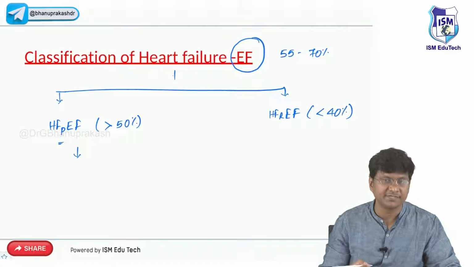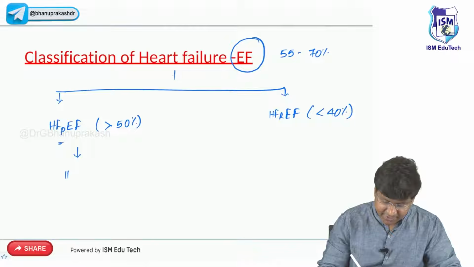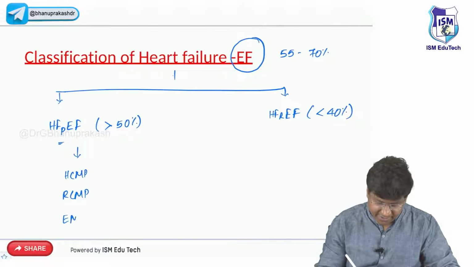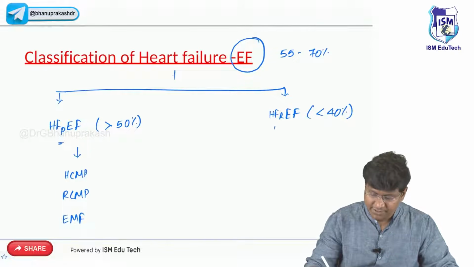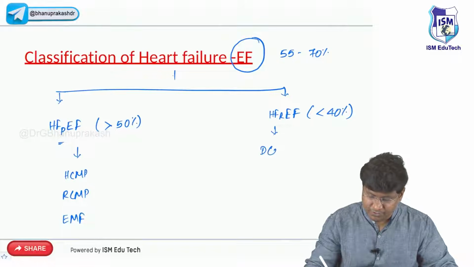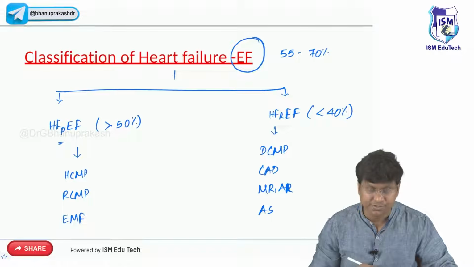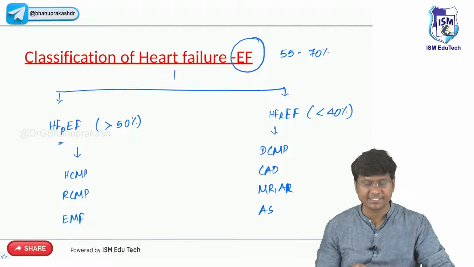Heart failure with preserved ejection fraction, the etiologies include the cardiomyopathies, that is hypertrophic cardiomyopathy as well as the restrictive cardiomyopathy. And even endomyocardial fibrosis will also cause heart failure with preserved ejection fraction. Reduced ejection fraction includes dilated cardiomyopathy, coronary artery disease, valvular heart diseases like MR as well as AR, then aortic stenosis. So these are conditions which will cause the heart failure with reduced ejection fraction.